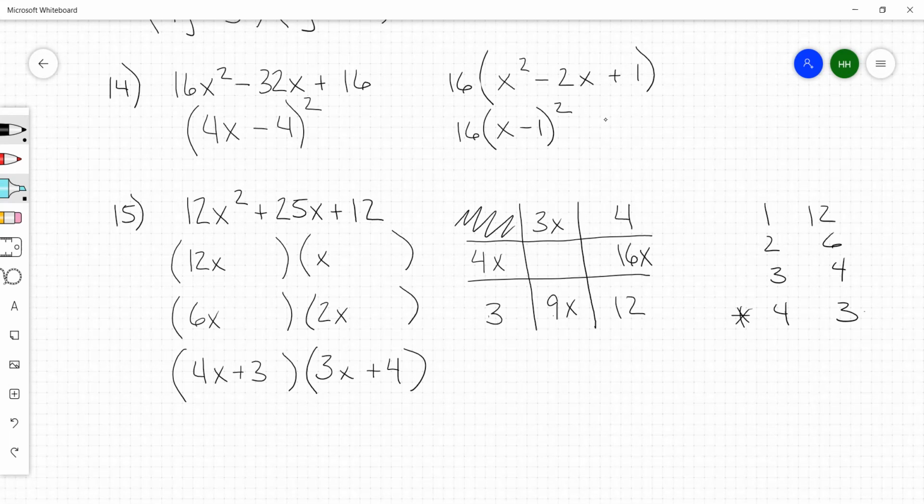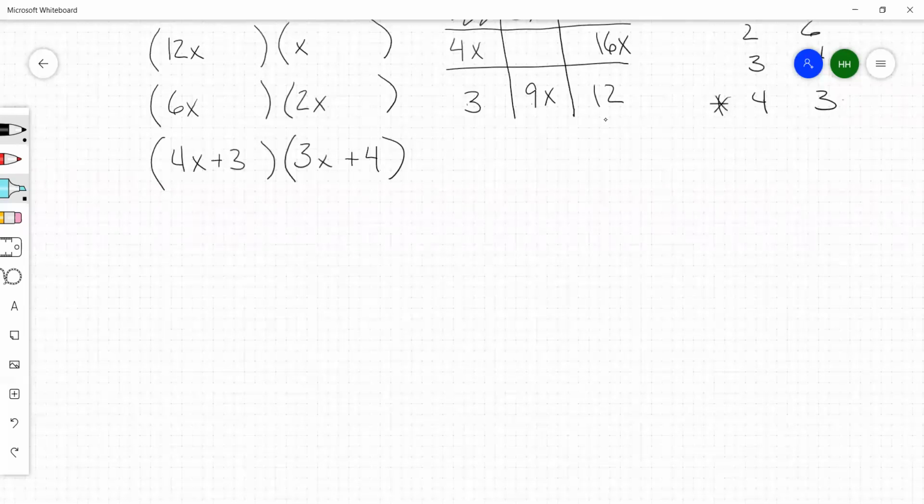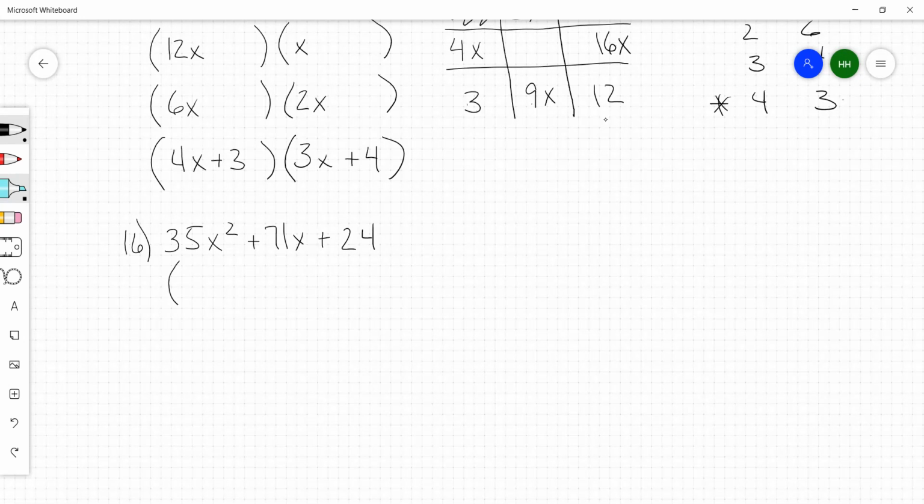And number 16. 35x squared plus 71x plus 24. So let's see here.